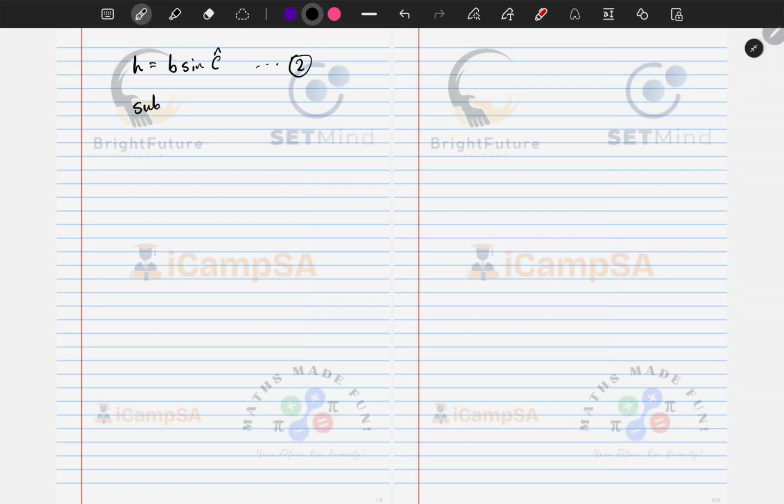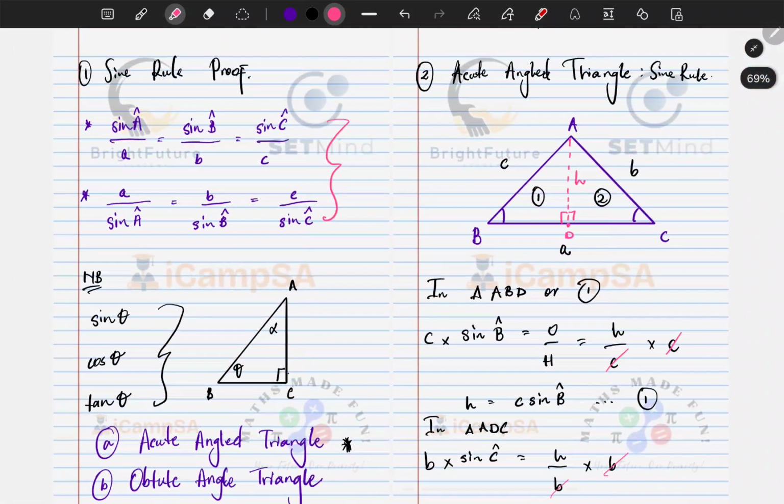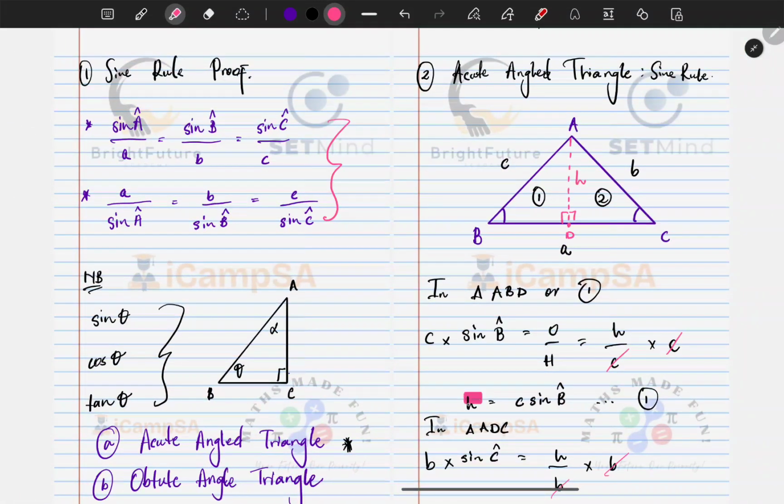And then from there I'm going to equate equation 1 and equation 2. Why? Because they have something in common. They have h as the common factor, so h and h here is common.